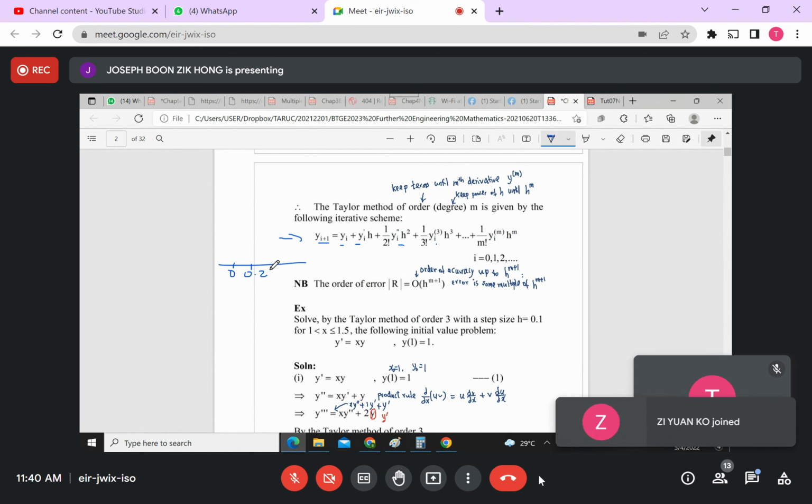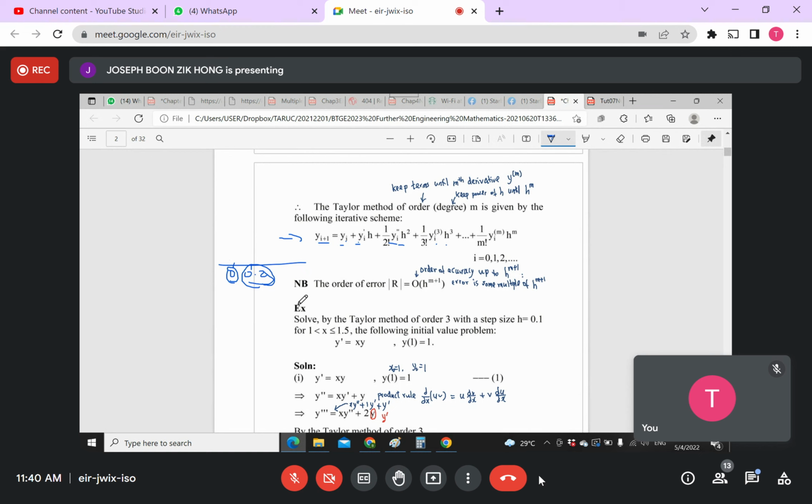If I want to find the next point, which is 0.2, I need everything about 0 because it's yi, but I also need the derivatives at this point: first derivative, second derivative, third derivative, and so on, depending on how many orders you take. Okay, now we'll have a look.